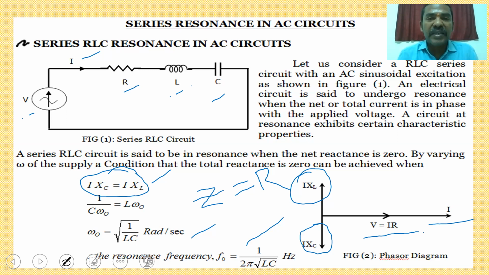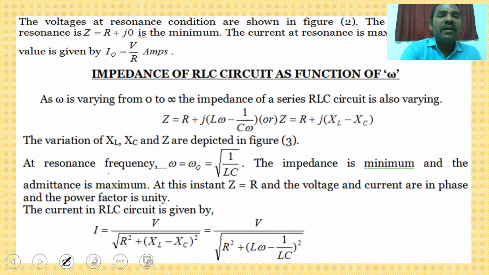The voltage drop across the inductor must be equal to the voltage drop across the capacitor, and the supply voltage must be equal to the voltage drop across the resistor. So these are the conditions you get under resonance. Are you understanding? Okay.